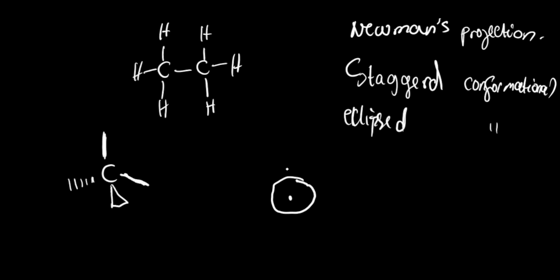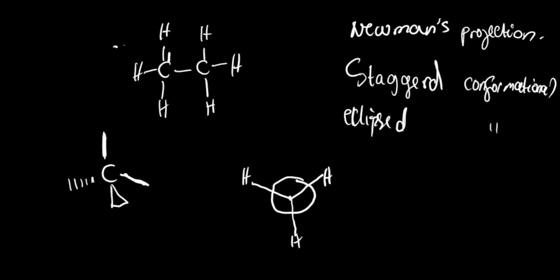So the atoms of the two carbons that form the single bond are as far away from each other as possible. We'd have something like this basically. We would have a hydrogen here, a hydrogen here, a hydrogen here. This is carbon 1.